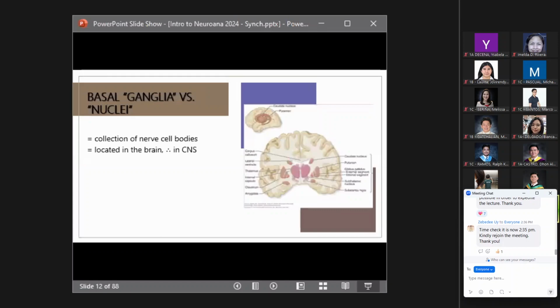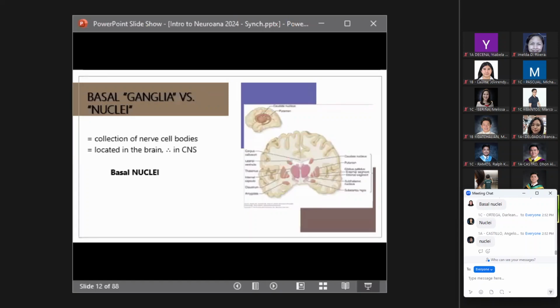So in that case, what should be the more proper term to use? Basal ganglia or basal nuclei? Anyone? Basal nuclei, yes.